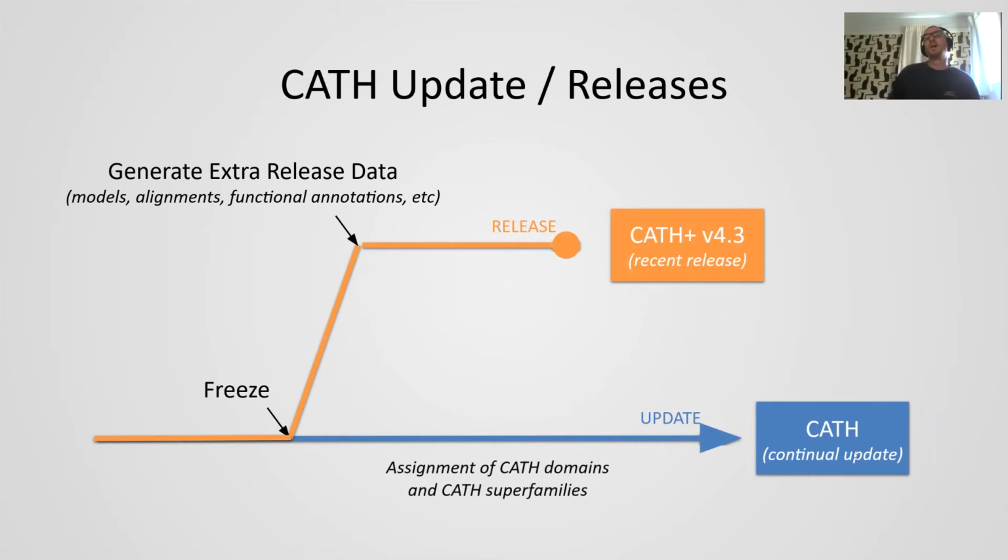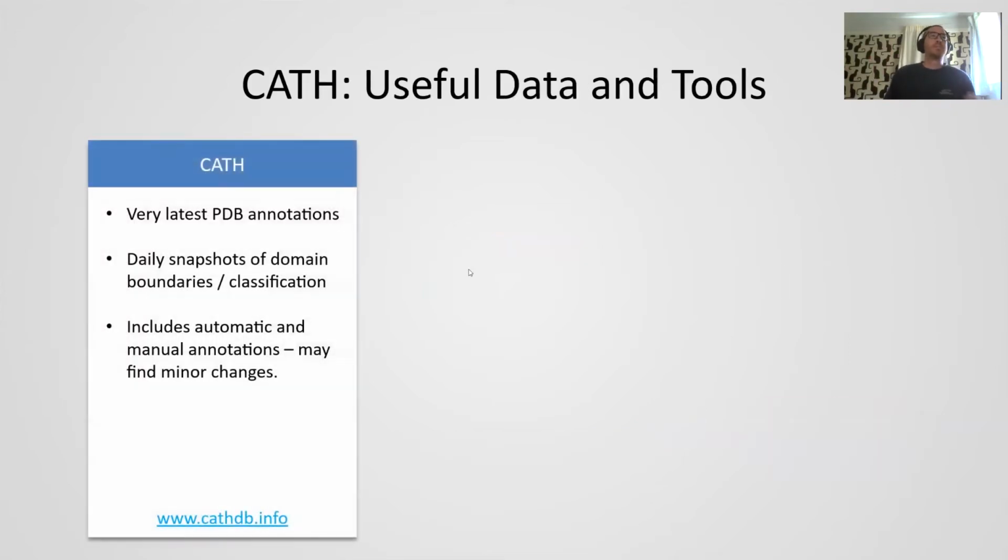So if you're only after the very latest assignment of domains and superfamilies, then you can get that from our daily snapshot. So just to summarize what are the data and tools if you're interested in using CATH from that perspective. CATH itself can provide the very latest annotations in PDB, and we provide that via daily snapshots, which essentially contain domain boundaries and the superfamily classification.